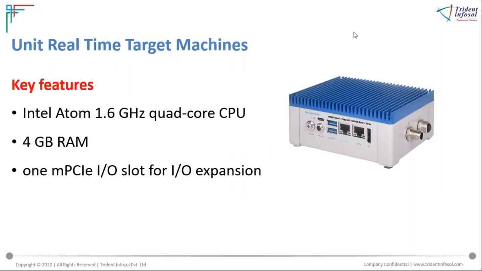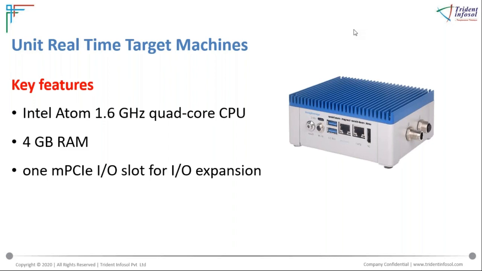What you are seeing on the screen is the Unit real-time target machine. By default, you are going to get connectivity like Ethernet, USB, and also if you want to connect to a monitor, you will have a provision.